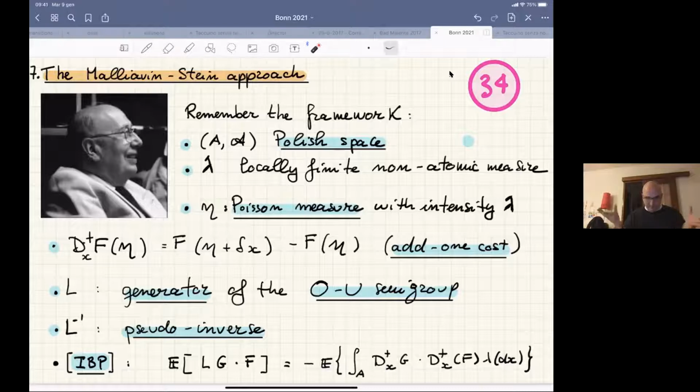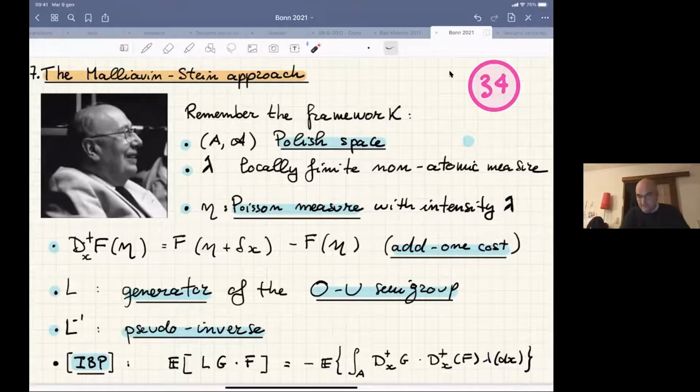And then one of the results that I told you is fundamental for the whole theory to develop is this integration by parts formula that tells you that if you take the expectation of L of G for G in some good domain, multiplied by F for F sufficiently regular, then the expectation of L of G times F, as a consequence of the Mecke formula, is equal to minus the inner product of the two add-one cost operators in the L2(lambda) space. So it is minus the integral of D+G and D+F integrated with respect to lambda. This is what I call the integration by parts formula on the Poisson space.